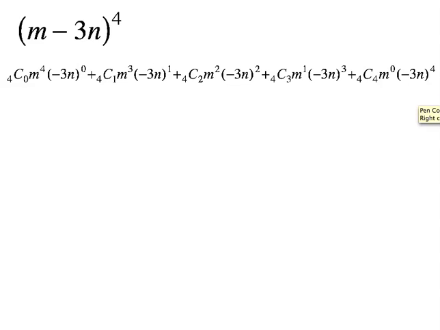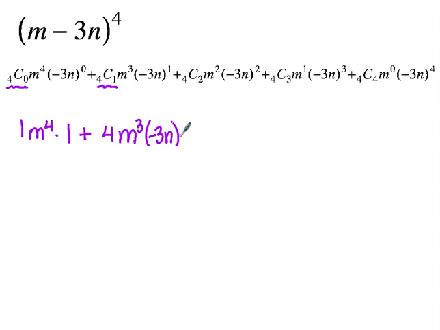I know 4 choose 0 is 1. So I have 1 m to the 4th. Negative 3n to the 0 is 1. What is 4 choose 1? 4. So I have 4m cubed times negative 3n. What is 4 choose 2? 6.